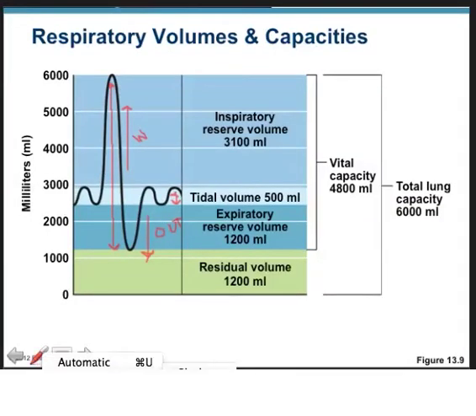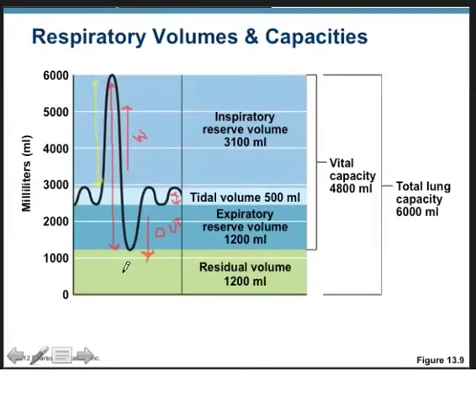If you were to breathe in normally, and then stop and not breathe out, and then continue to breathe in, that amount of air that you could pull into the lungs is what we call your inspiratory reserve, and that's indicated here by this yellow arrow.